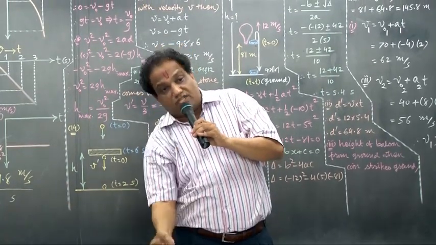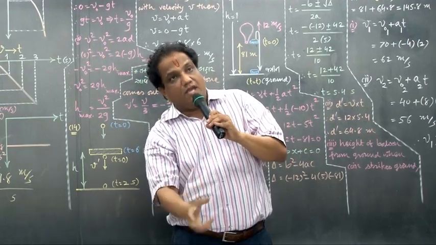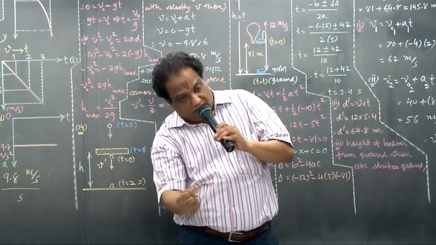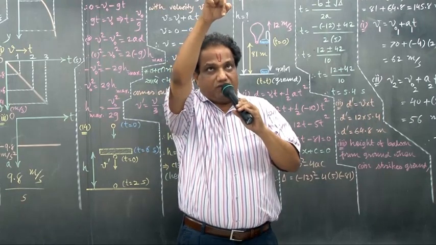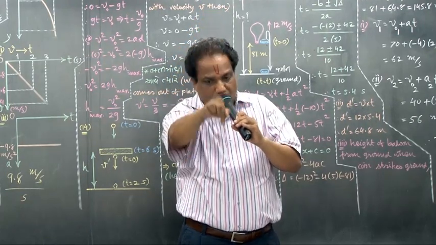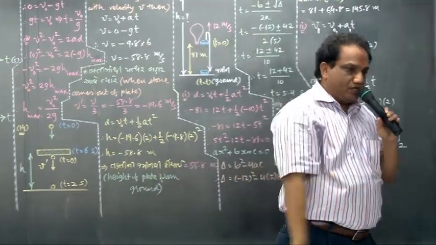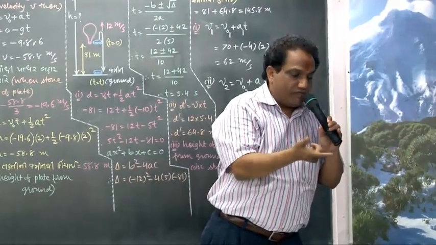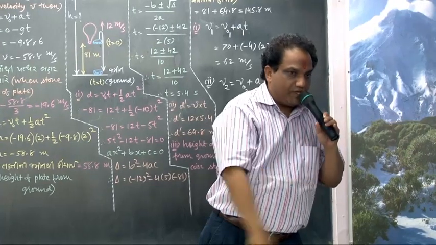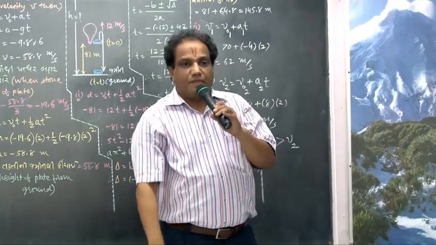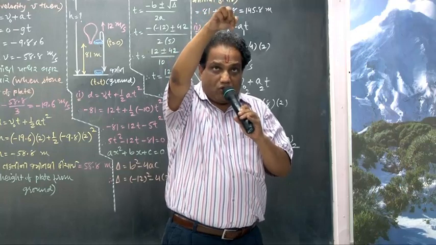Then only gravitational force will act. And when only gravitational force is acting, whatever acceleration is produced in the motion of the body, that acceleration is called gravitational acceleration. What is the value? The value is 9.8 meter per second square. And at that time, that motion is called free fall.